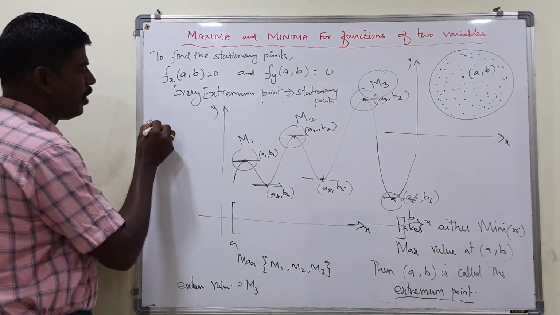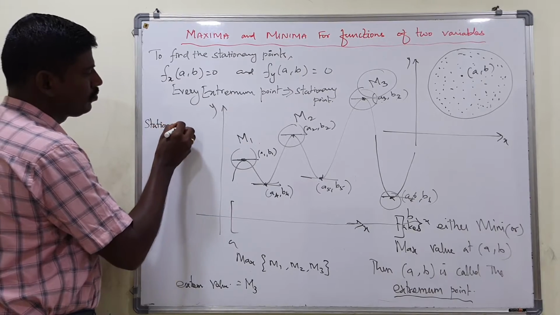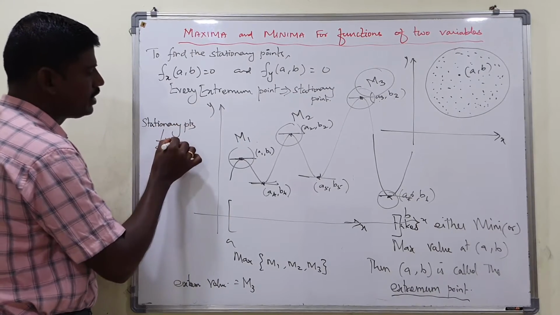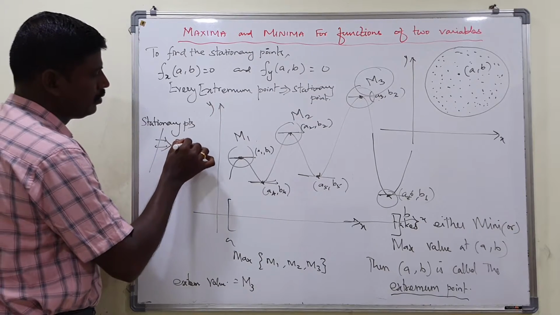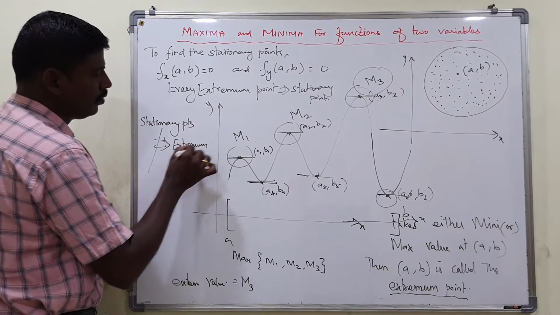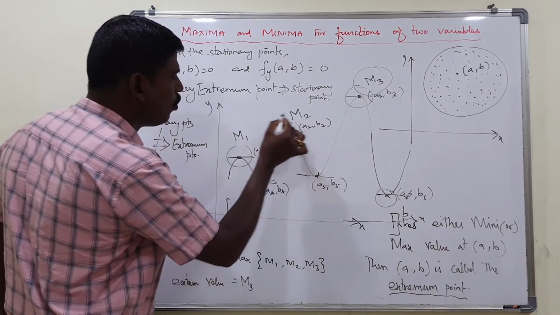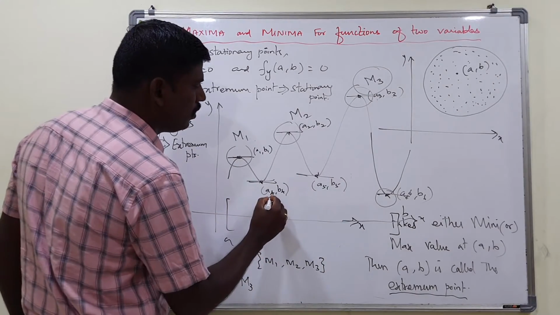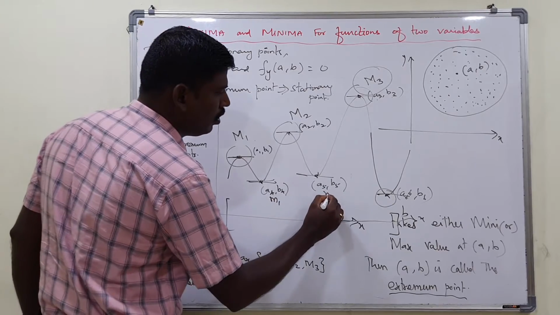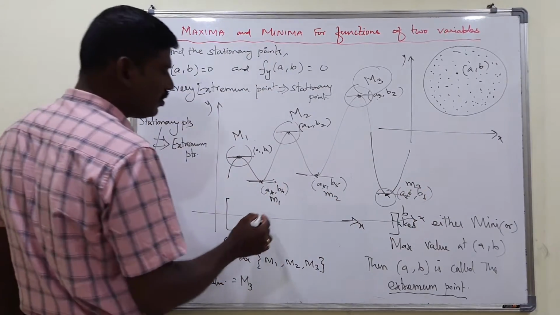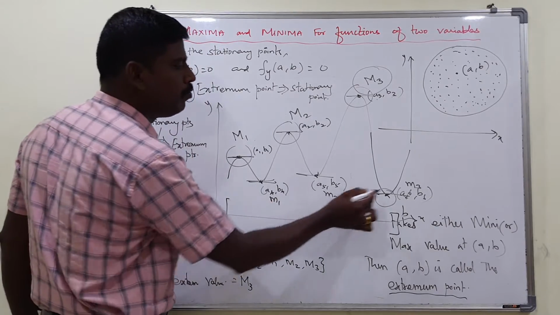So stationary points do not imply extremum points. Why? Because all these 4 points, we call them small m1, m2, m3. What do you mean by small m1, m2, m3?